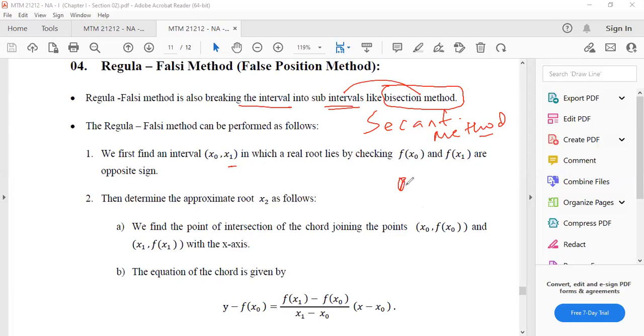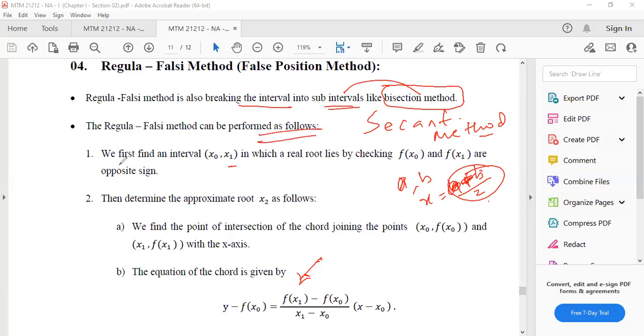Like if it is a comma b, our next point will be a plus (b minus a) by 2, that is (a plus b) divided by 2, isn't it? So the middle point, okay? But here we're going to see a small difference from the bisection method, though it is doing the same progress, okay? We can see that there are some rules.